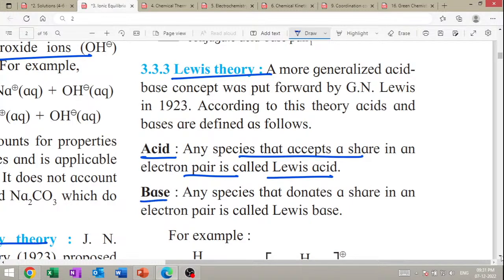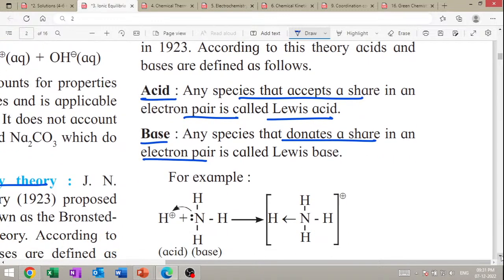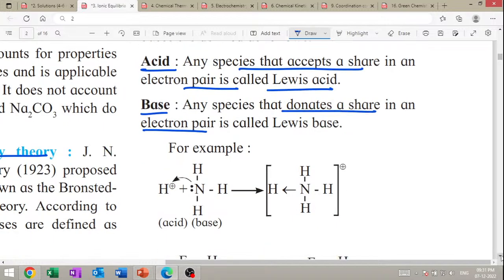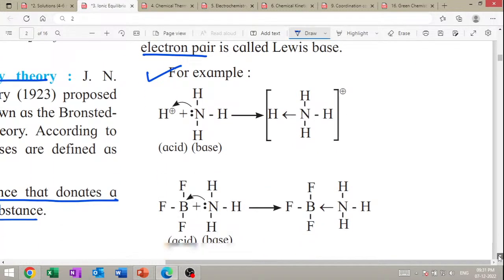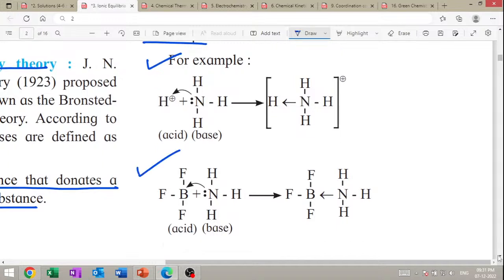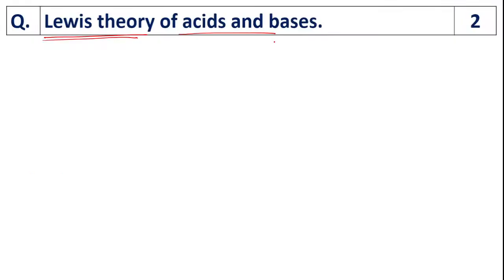Base, electron pair donor, donates a shared electron pair. Electron pair donor, Lewis base; electron pair acceptor, Lewis acid. This is the example. इथे 2 example दिले, 2 पैकी 1 example note करा. Anyone will get the 1 mark. This is Lewis theory.